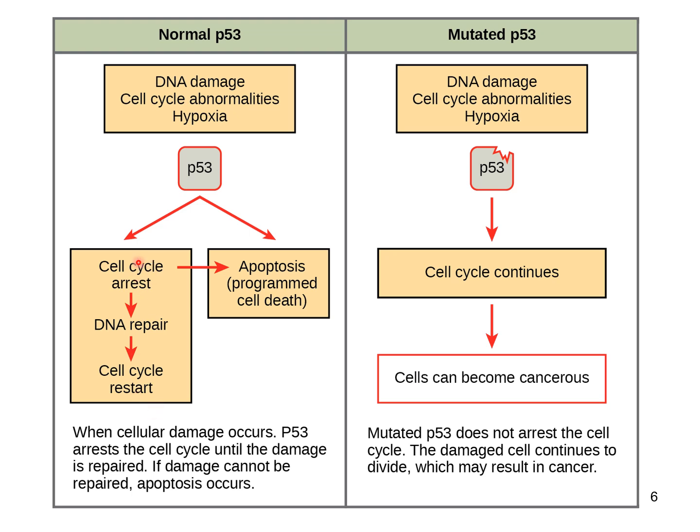And if the cell is able to do that, then great. Then the cell will get a green light once it's repaired its DNA damage and then proceed to the next checkpoint. But if the cell can't repair that DNA damage, then the p53 protein will give that cell the signal that it needs to commit suicide and do that apoptosis.